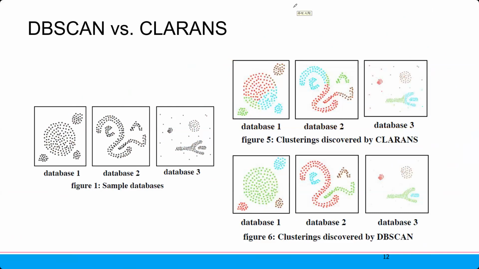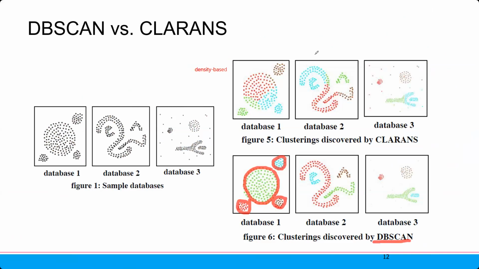If you look at the result from DBSCAN, we can see that this is in one group, this is in one group, this is one group, this is also one group. So the group is based on the density. That's why we call it density-based clustering.